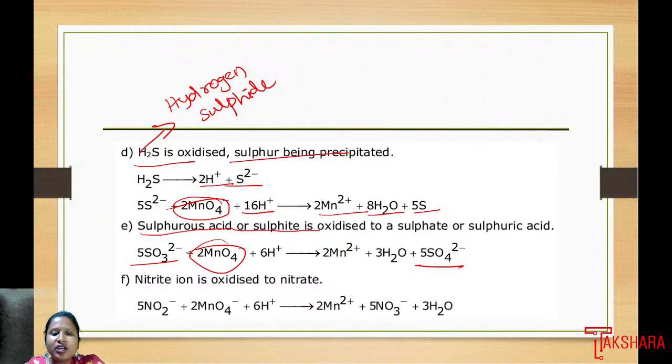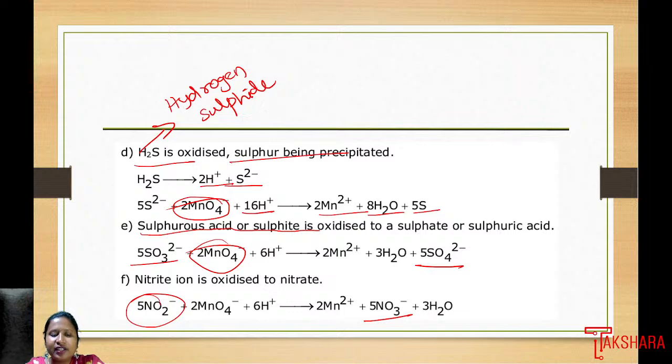Then next reaction, nitrite ion is oxidized to nitrate. NO2 minus is nitrite and NO3 minus is nitrate.